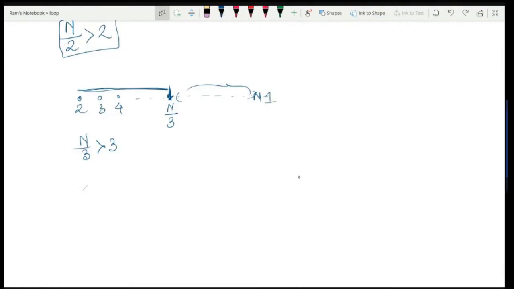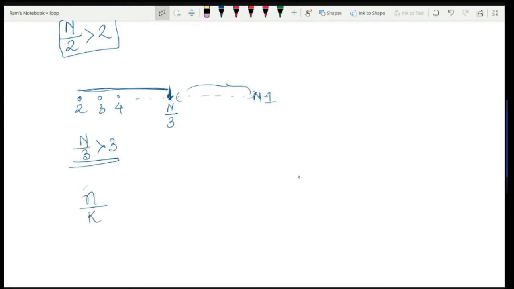See here, if it is 3, then if we reach up to n by 3, and we know that n by 3 is greater than 3, in that case we can stop this process. Similarly, in general, now replace this 3 by a general number, say for example k.